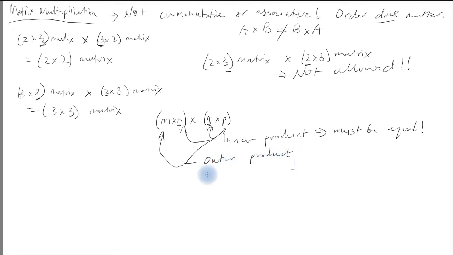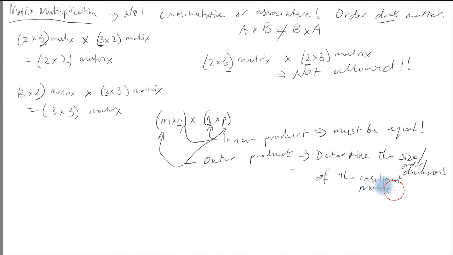And the outer product actually determines the size, slash order, slash dimension of the answer, of the result. Okay, so the outer product actually determines the size of the answer.